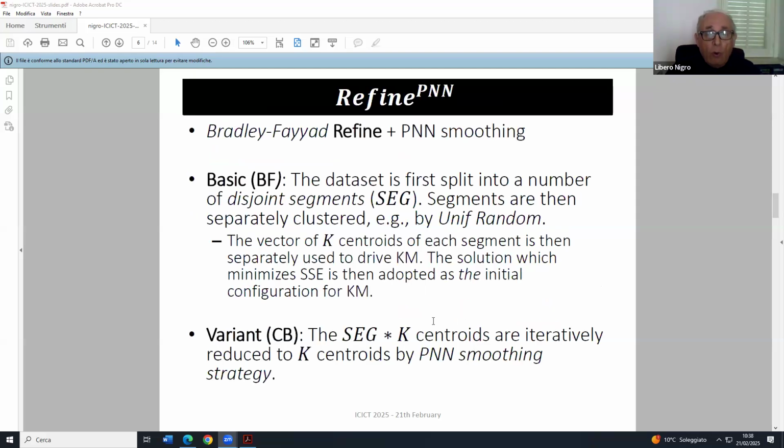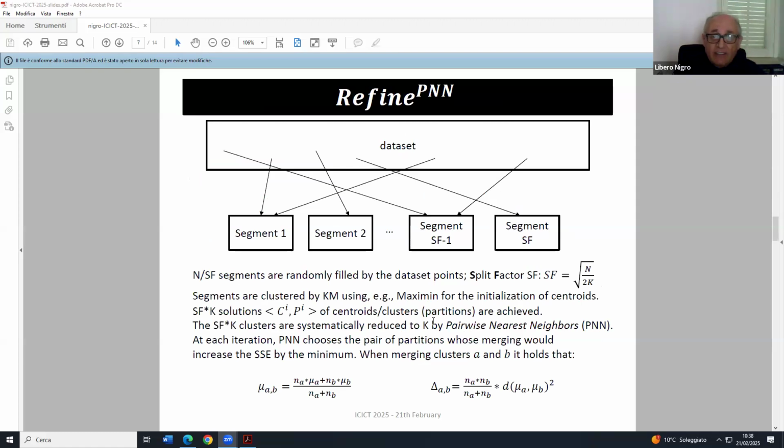Now, in this work, we have developed a different, careful initialization method, which is the refine piecewise nearest neighbors. Basically, the dataset is split into a number of segments, which are filled randomly from the points of the data set. Then each segment is separately clustered with k-means.